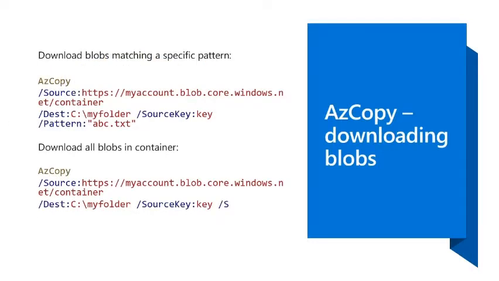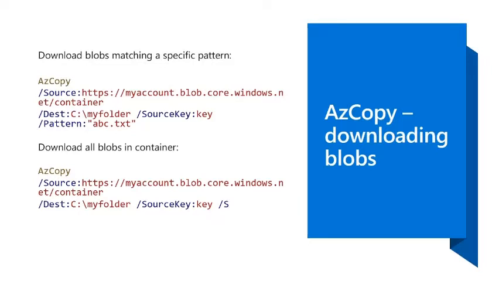You can download blobs to your local computer. Alternatively, you can remove the /pattern option to download all the blobs from the container. Remember, blobs do not have a folder hierarchy. The entire path of the blob constitutes the name.